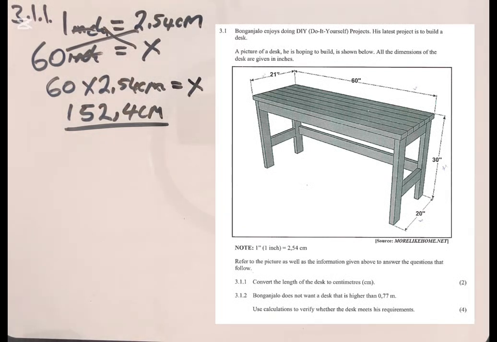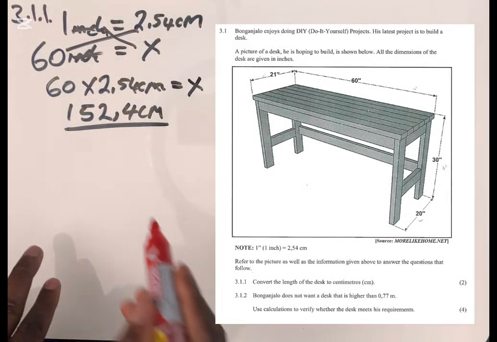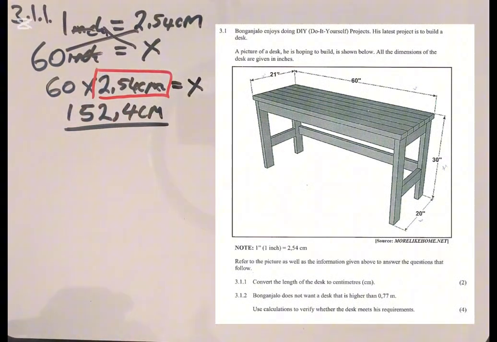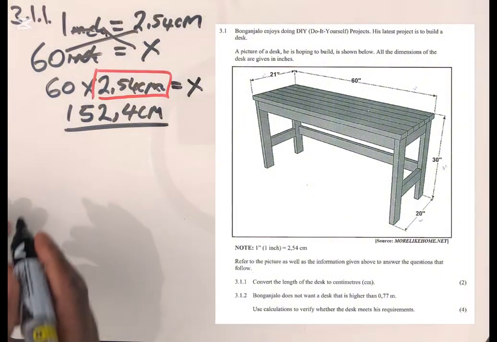That is our converting factor. You multiply by that converting factor whenever you want to convert from inches to centimeters. You should not forget that because we are going to use that knowledge in the later stage.